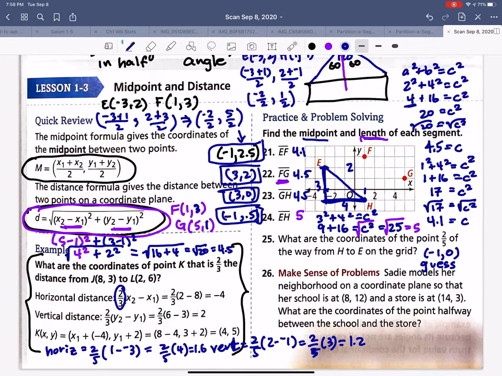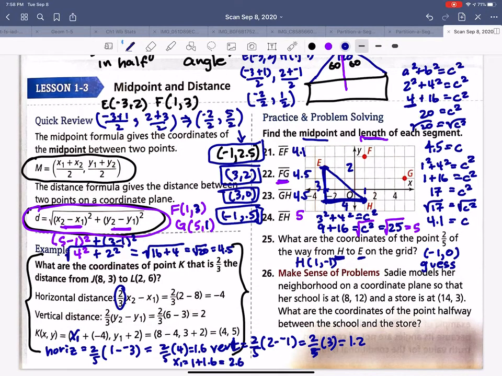Now, I got to be careful because it says from H to E. So I really just take the original H coordinate and add that back in. So that's where I get this x1. So my original x coordinate, if H is 1, -1, I take the x part. So the x part was 1, and I added to the 1.6, so I get 2.6. And then, wait.